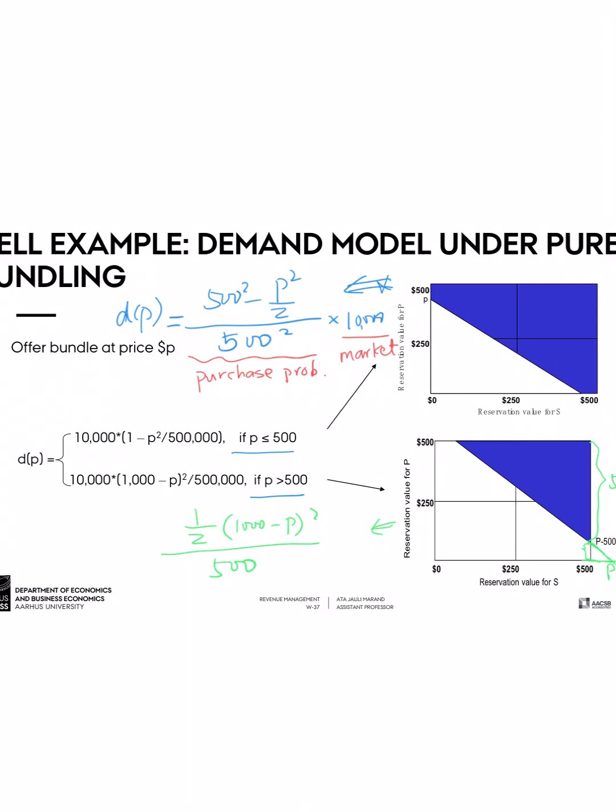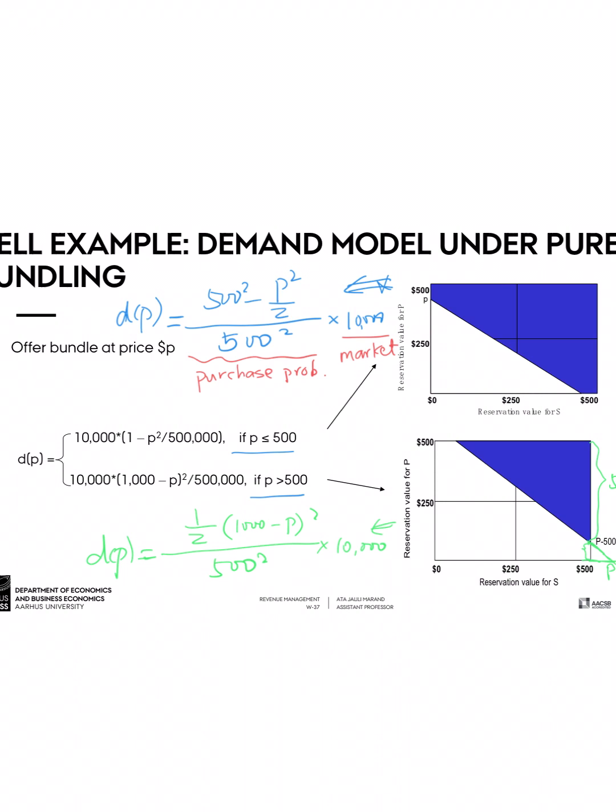Your total square area is 500 squared, times the market size of 10,000. That's the other part of the demand when P is greater than 500.